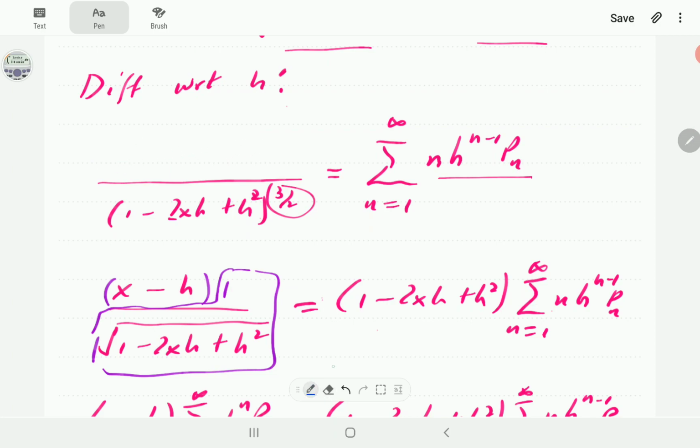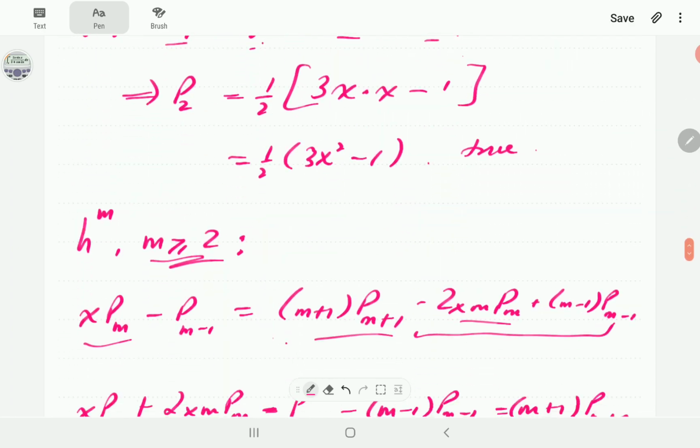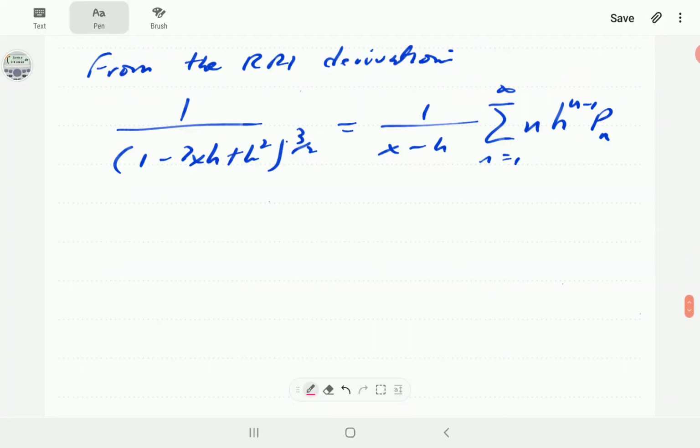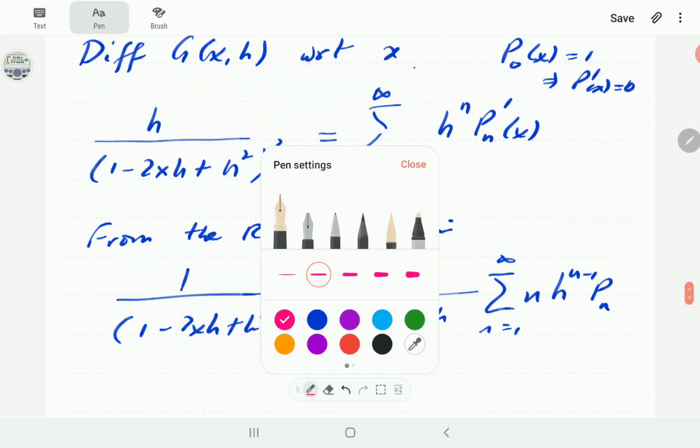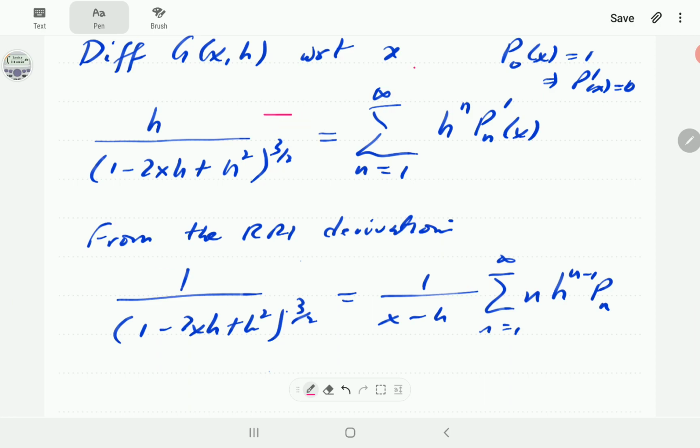So this is simply x minus h here. Now if you take this term to the other side, then we're going to have 1 here and 1 over x minus h there. So that's what we're talking about. So that term is equal to that. Now we have that term, so this term we have it here. So we're going to simply replace this by that.